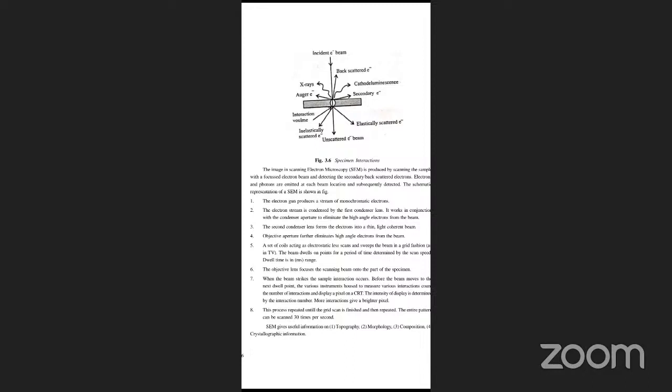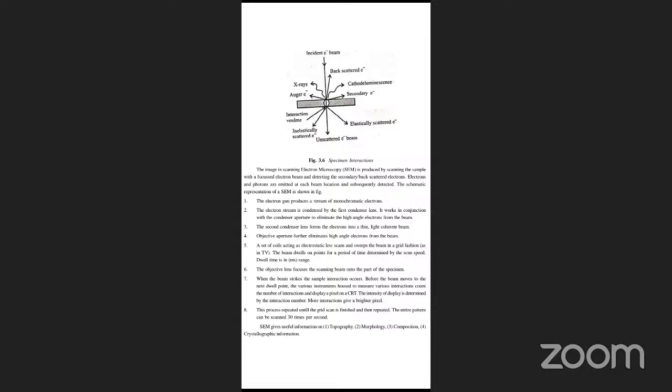The objective aperture further eliminates high angle electrons from the beam. A set of coils acting as electromagnetic lenses scans and sweeps the beam in a grid fashion, as in a TV. The beam dwells on points for a period of time determined by the scan speed. Dwell time is in the microsecond range.